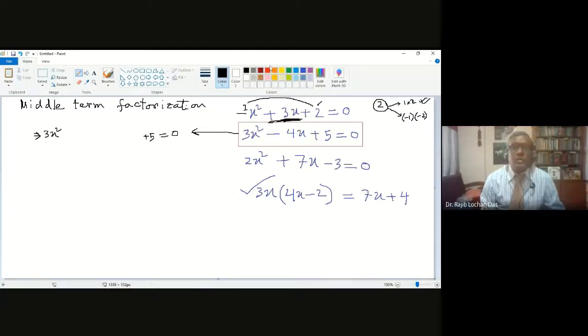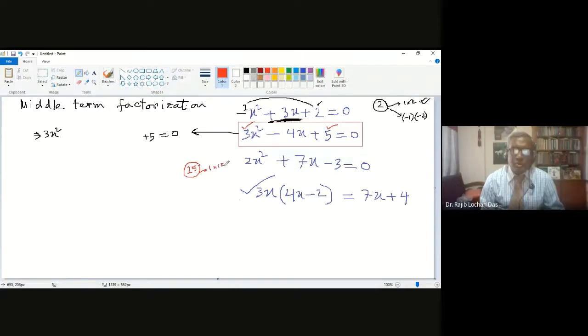How will you think? You will think about the two numbers 3 and 5. So 3 into 5 will be 15. Now you separate the factors. For 15 you can write 1 and 15.